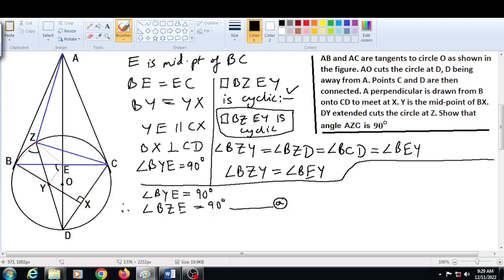So BZE is equal to 90 degrees because, by the way, let me just erase these two. Alright, so BYE is 90 degrees.